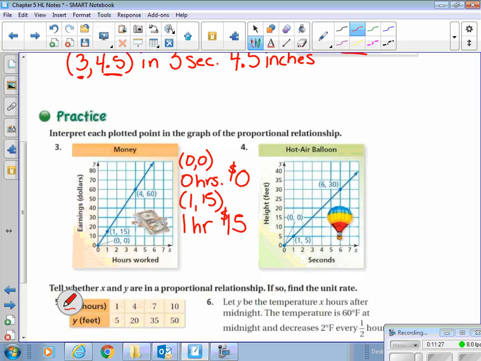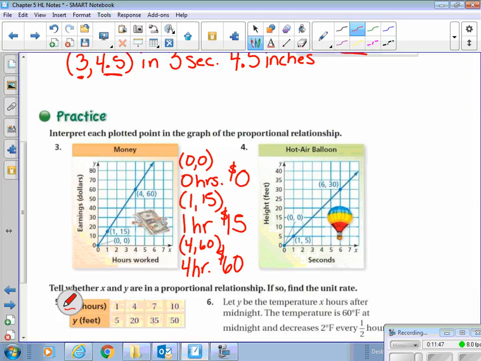Or $15 per hour. This guy would also be a unit rate because we're talking about per hour worked. So every hour you're working, you're earning $15. And the last ordered pair, 4, 60, means in 4 hours, you are going to earn $60.